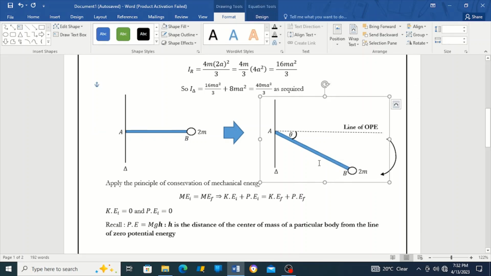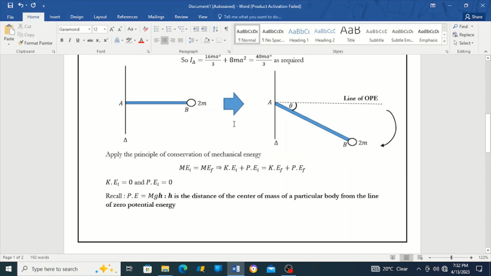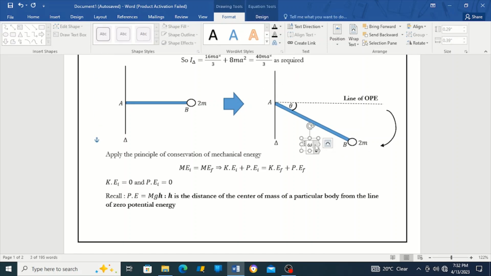We see that it is actually rotating, and we can say the angular velocity is omega.